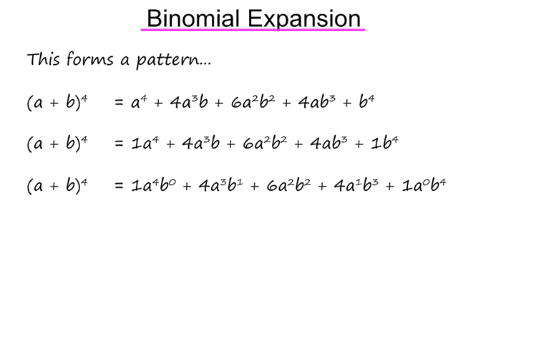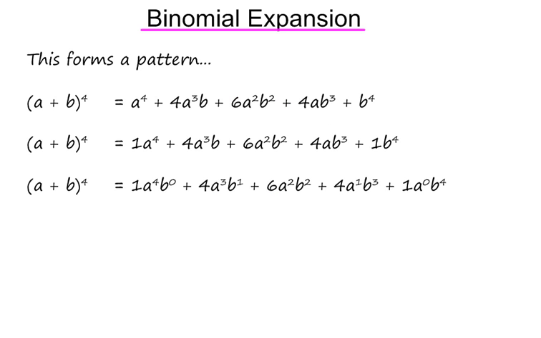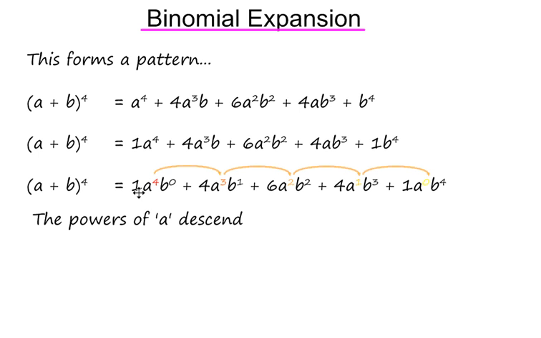And this forms a pattern. So if I take the fourth line here, 1, 4, 6, 4, 1, you can see that this makes 1, 4, 6, 4, 1. The power of a also descends. So it goes 4, 3, 2, 1, and then 0.